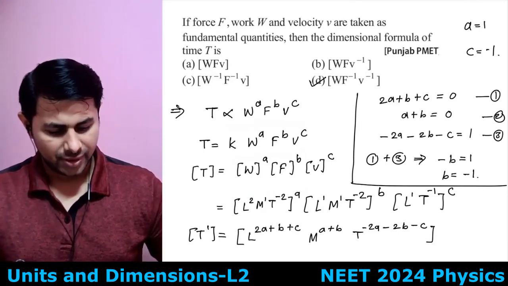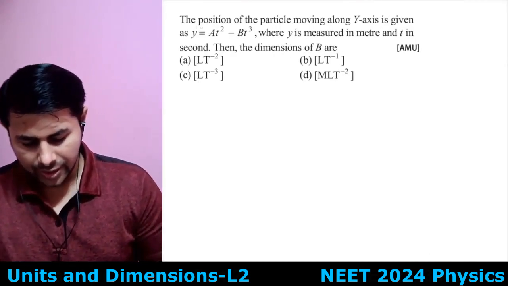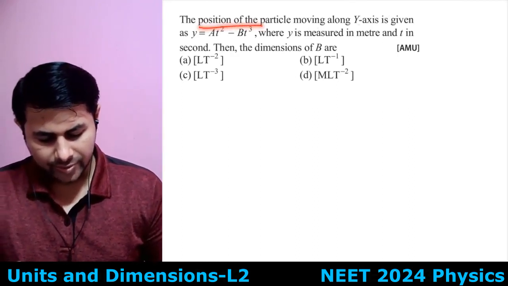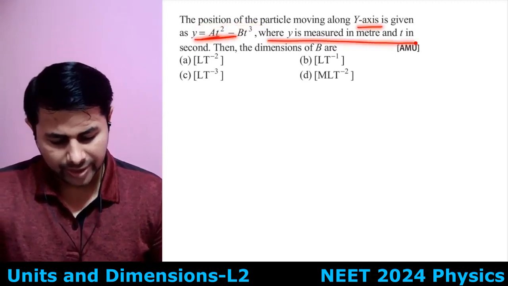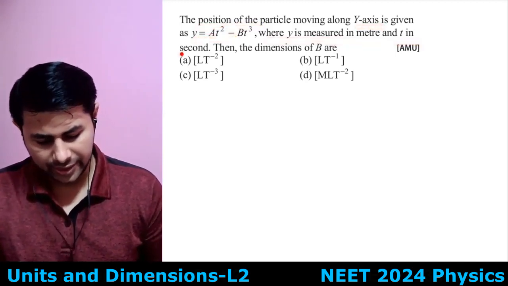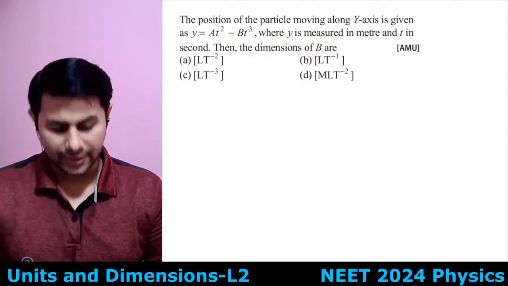All right, let's move on to the next question. The position of a particle moving along the y-axis is given as y equals A t squared minus B t cube, where y is measured in meters and t in seconds. Then the dimensions of B are asked. Sometimes there are questions like this also.